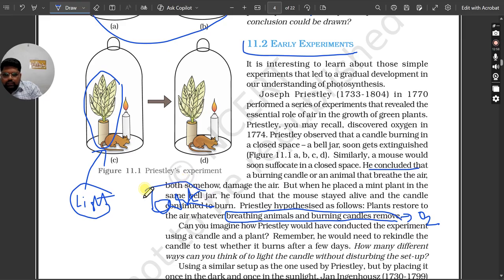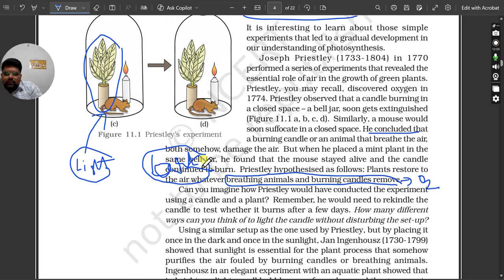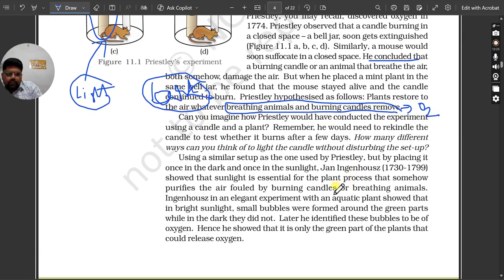In the one kept in the dark, the mouse was dead and the candle was not burning. So what it indicates is that to release oxygen, plants need sunlight. Only in the presence of sunlight can the plants release oxygen. This is how the mouse stayed alive and the candle kept burning. This was shown by Jan Ingenhousz.